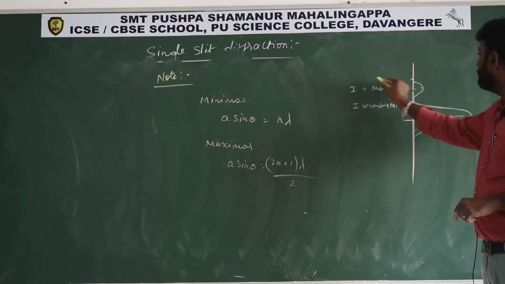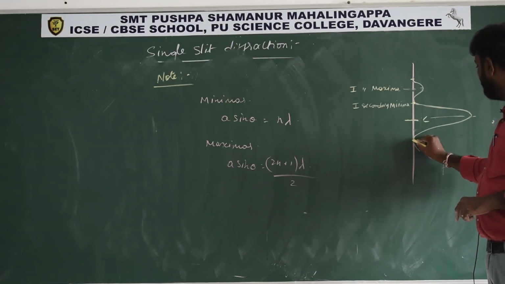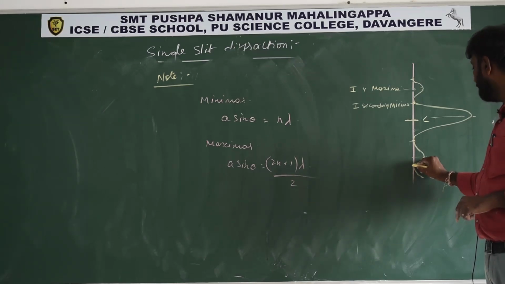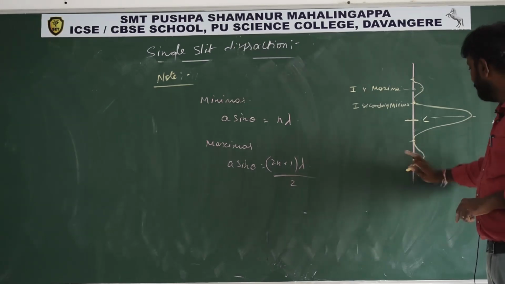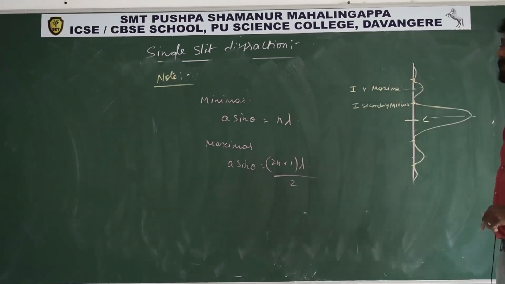So this is secondary minima. Here also the same: this is first secondary minima, and next this is first secondary maxima. Next you will get secondary minima. So in this way finally the intensity decreases.